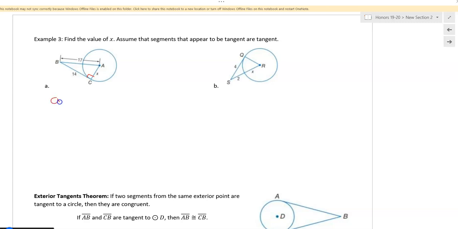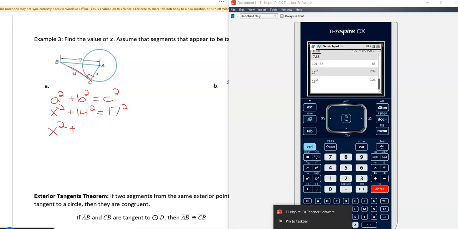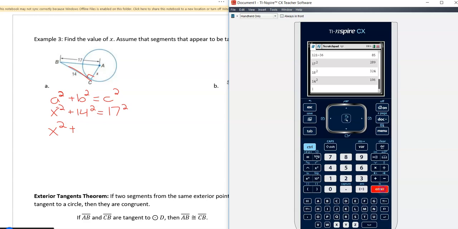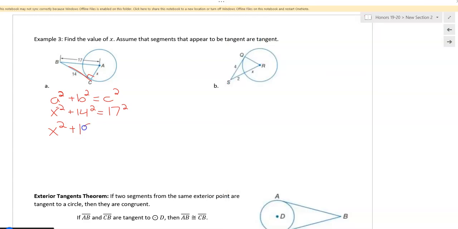So I have a squared plus b squared equals c squared. I'll say a is x: x squared plus 14 squared equals 17 squared. 14 squared is 196. This was 289. Right, 17 squared is 289.